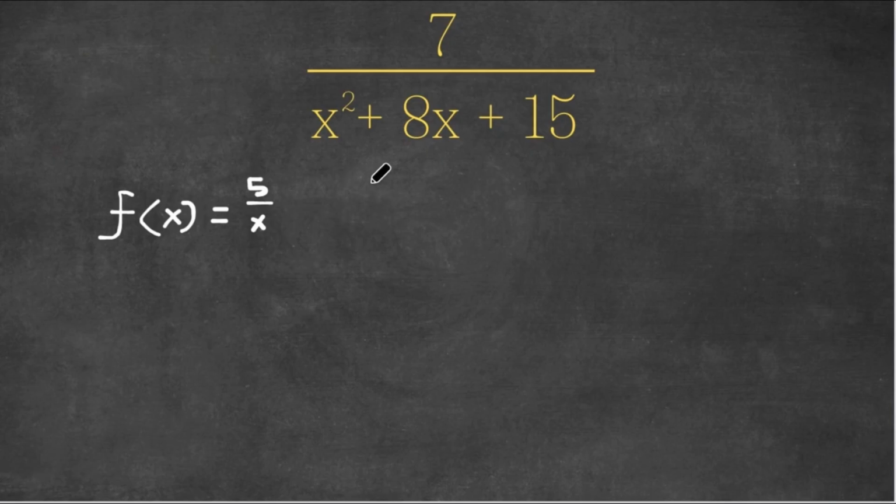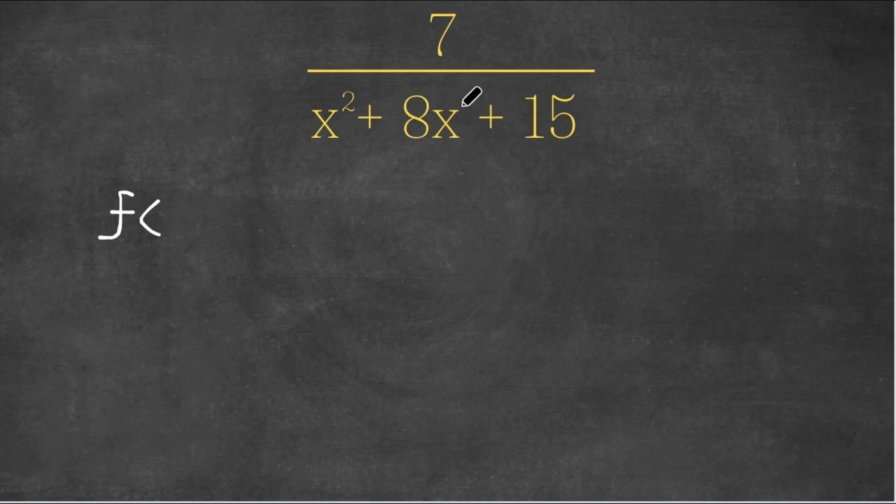Because remember, 5 over 0, that's undefined. That would not work out, right? So the domain of this function would be x is not equal to 0. All real numbers besides x equals 0. So the domain is all the numbers that fit into a function besides the numbers that don't.